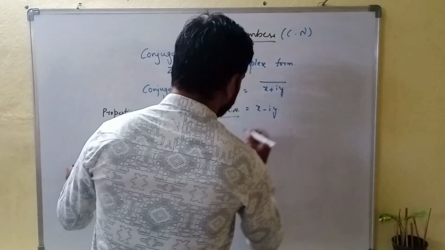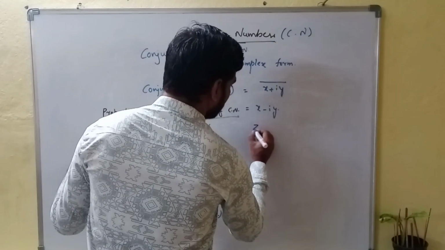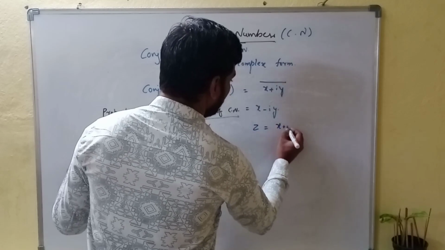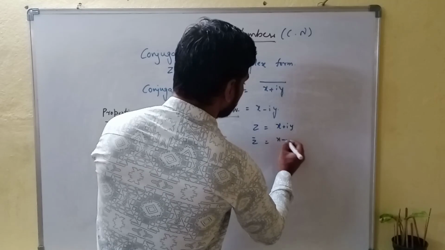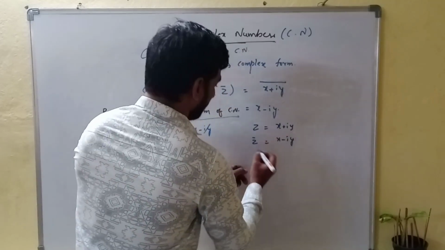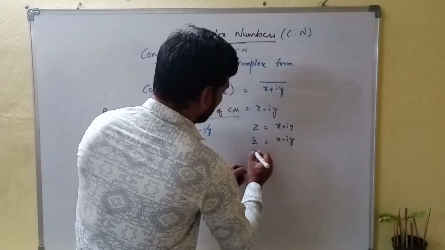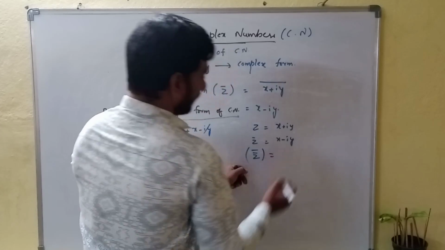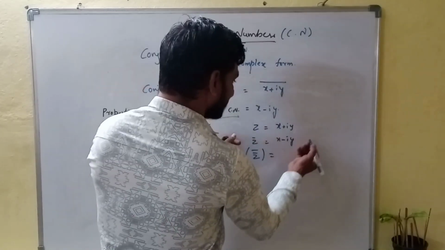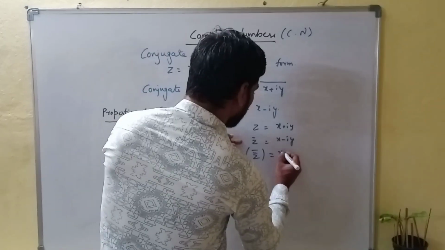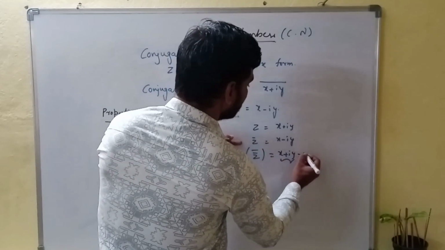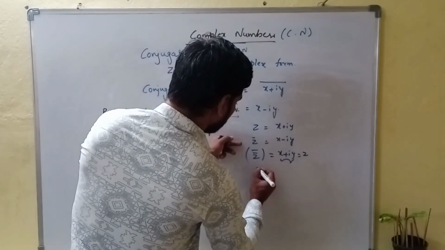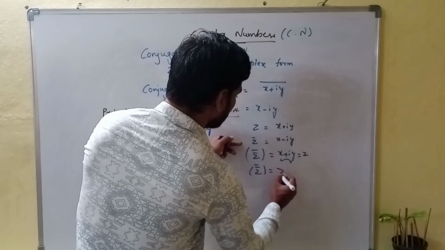One more property: let z equal x plus iy. Now z bar equals x minus iy. Now z double bar, I'm taking the conjugate of x minus iy. What will it become? x plus iy. So this is z, which means z double bar equals z.